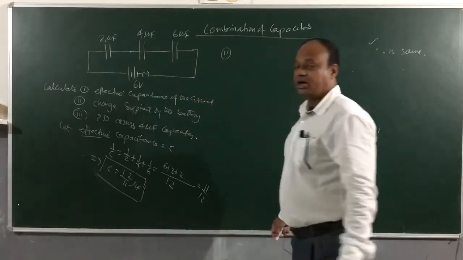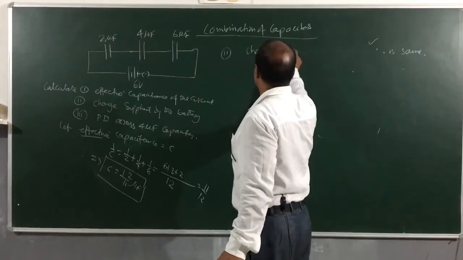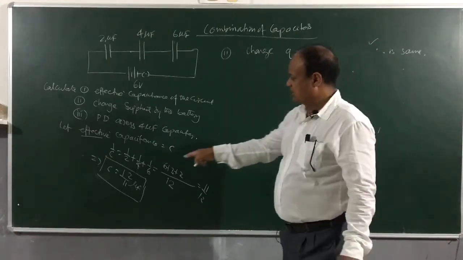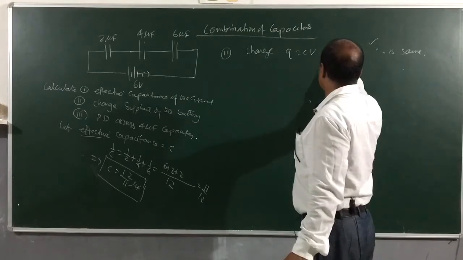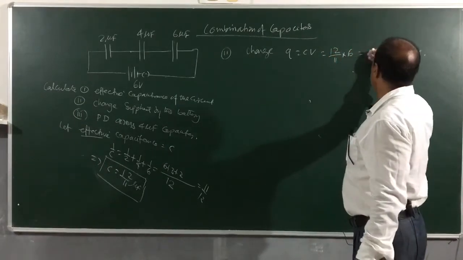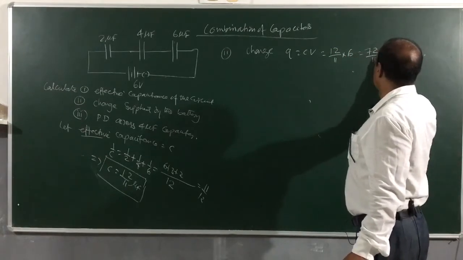Now we come to the second part. Second part is charge supplied by the battery. So charge we know already, Q is equal to C into V. C meaning what? CS. That we got 12 by 11. So 12 by 11 into 6. So how much is that? 72 by 11 microcoulomb.